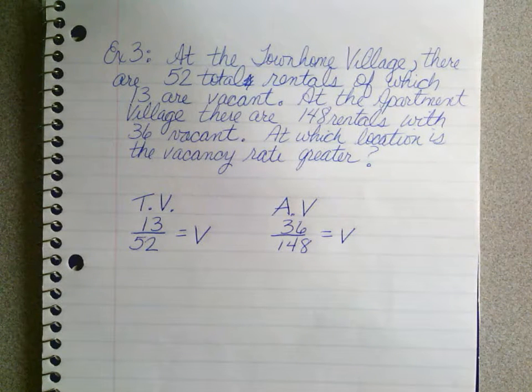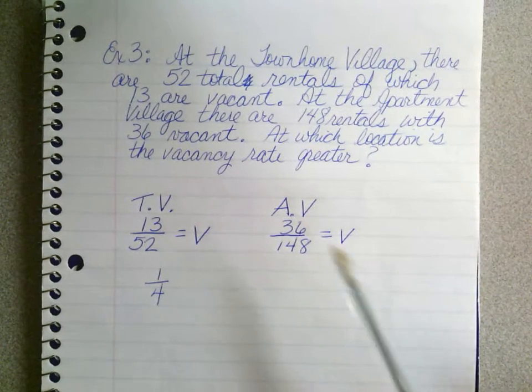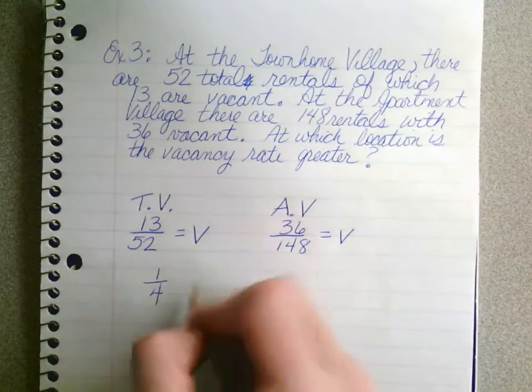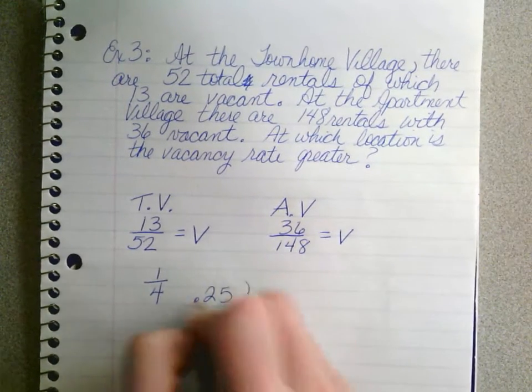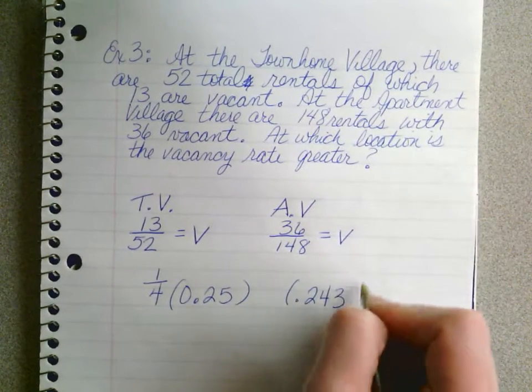Now you can either change them so that they both have the same denominator and compare numerators, or you can do something easier. What do you think would be easier to do, Emma? Decimal. Okay, what's 13/52? 1/4? And what's 36/148? 0.243. I can stop there.